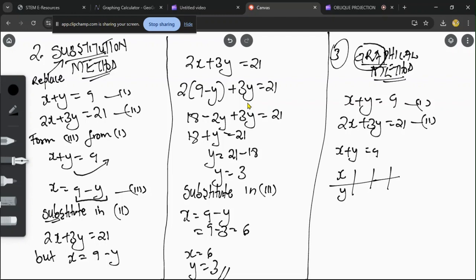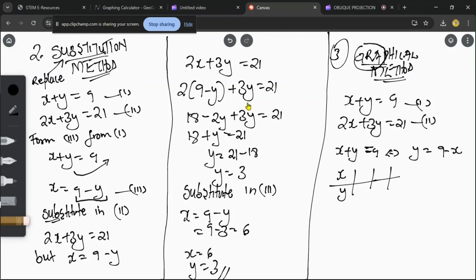If I rearrange this, I can be left with y on one side. So let me take x on the other side. So y equals to 9 minus x.